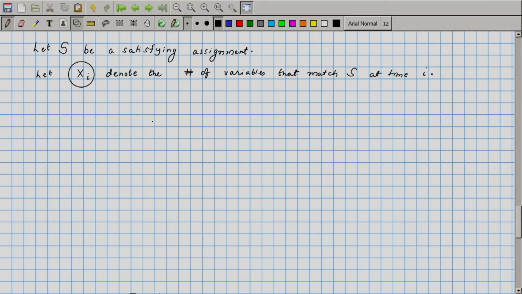Okay. So, let us set up a chain or a stochastic process where the states are the values that xi can take. xi can be 0, xi can be 1, xi can be 2, up to n. Now, suppose somebody tells us that xi's value is, let us say, j. In the next step, what are the values that xi can take?